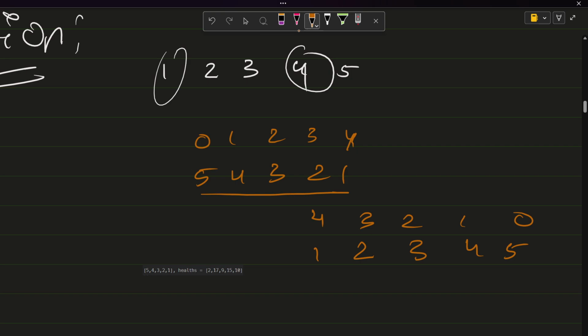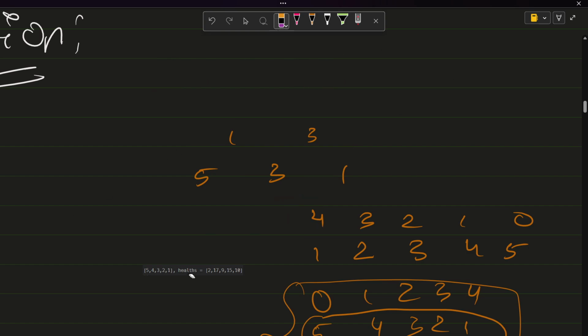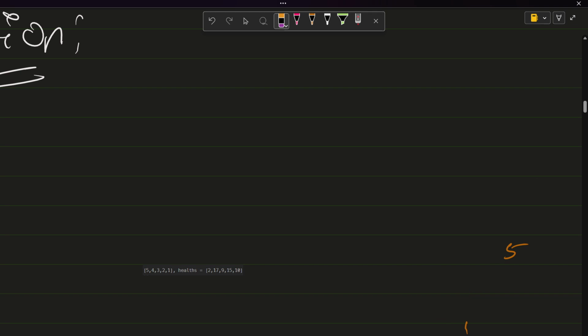At the end of the question, we will again sort this on the basis of indexes. At that time, we will also get the correct original order which was given in the question. So I hope you have understood that initially we have to store all this with respect to the index so that we can start with the leftmost position.